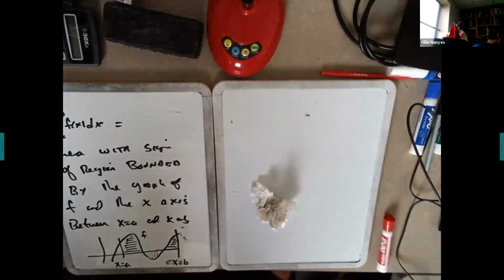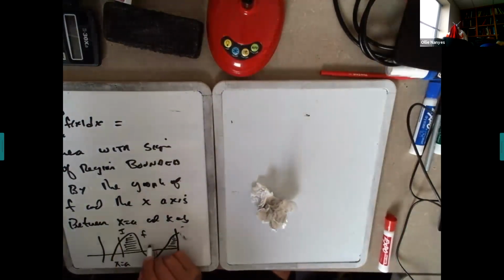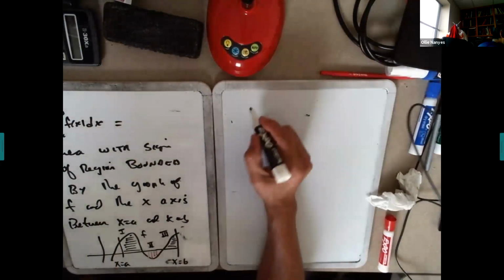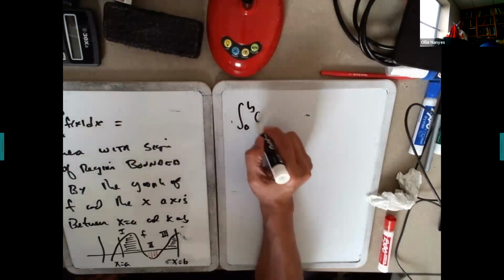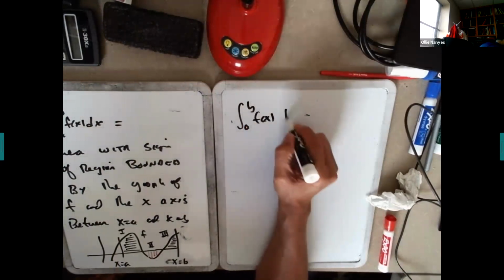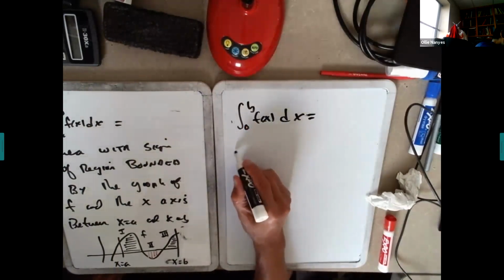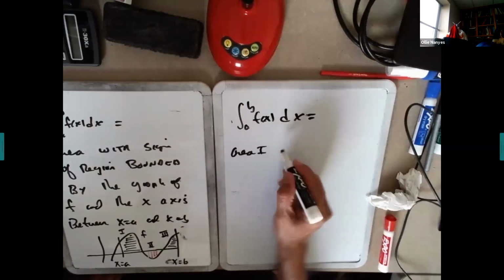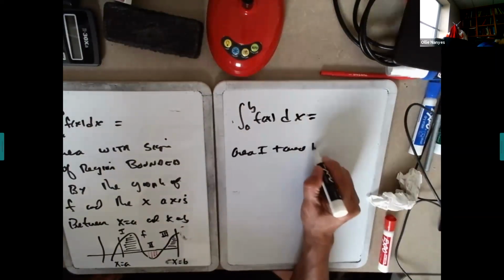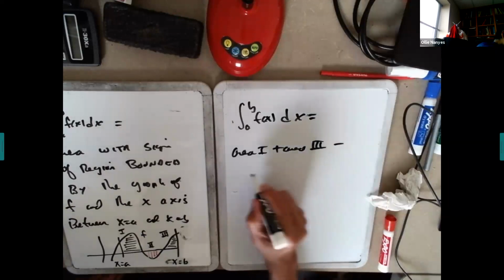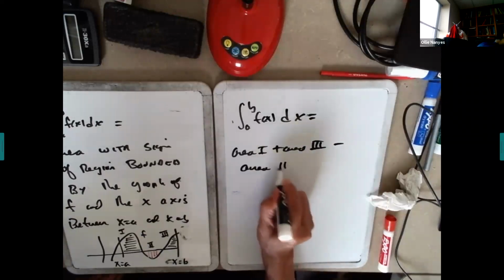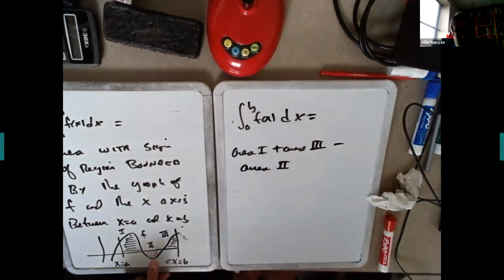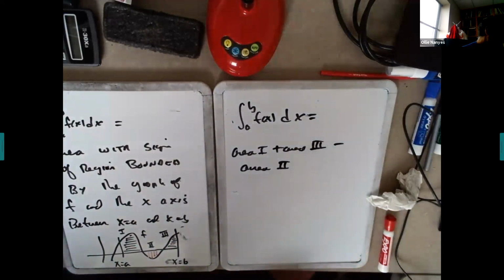Let's say this is area 1. This is area 2. This is area 3. The integral from a to b of f of x dx will give you area 1 plus area 3 minus area 2. So the area below the axis gets subtracted. These two areas get added.